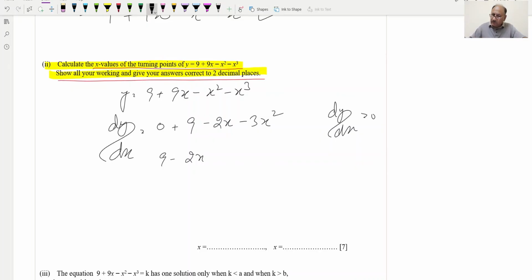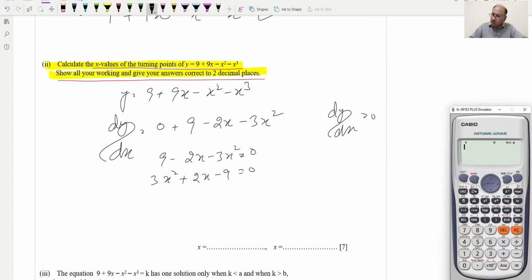The coefficient of x squared is 3, the coefficient of x is 2, and the constant value is minus 9, and we are getting this decimal value 1.43. I'm writing this, but I will show working also. The second value we are getting is minus 2.097, or we can write minus 2.10.